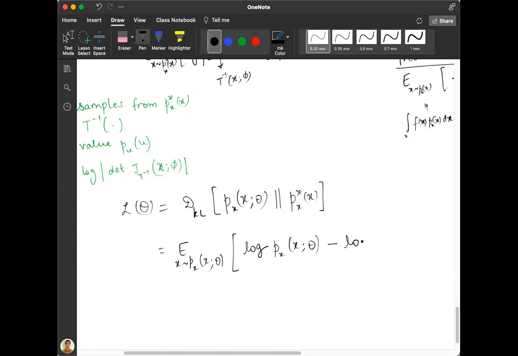This is natural log, all logs generally are natural log, P star X(x).